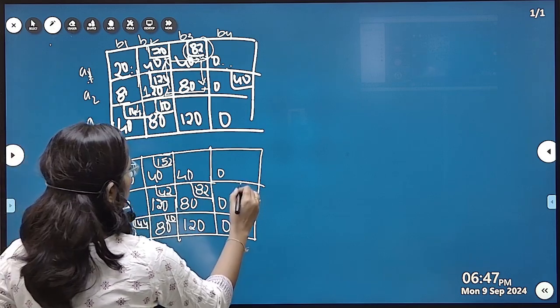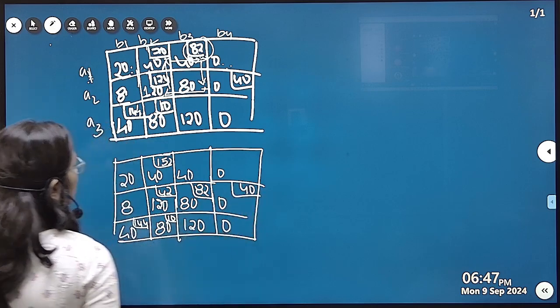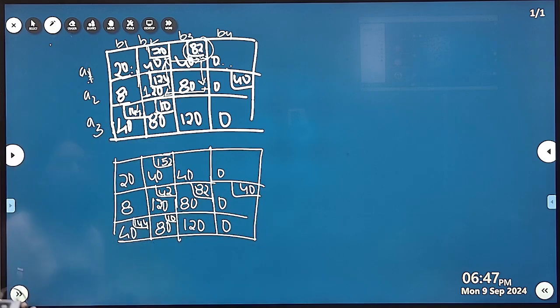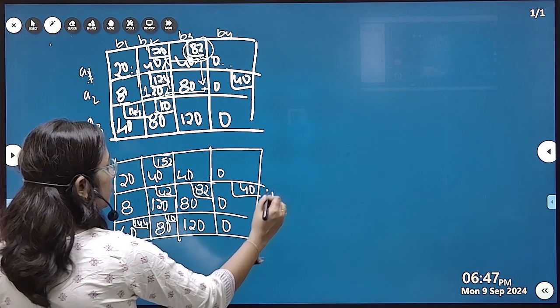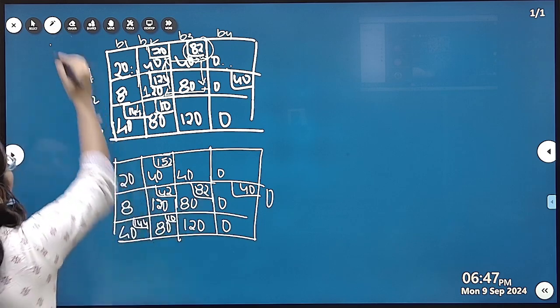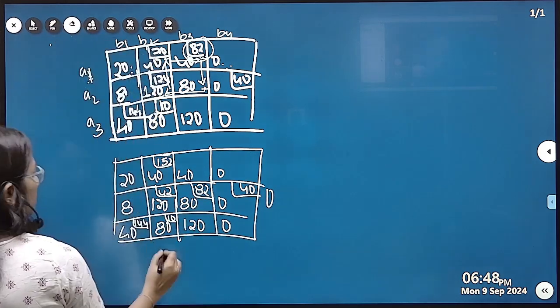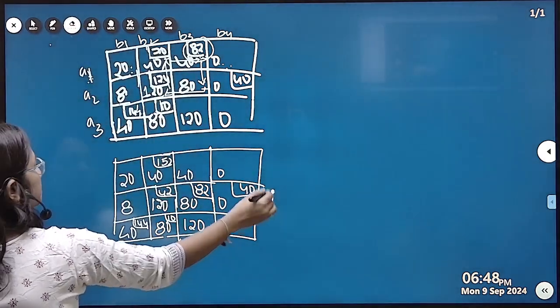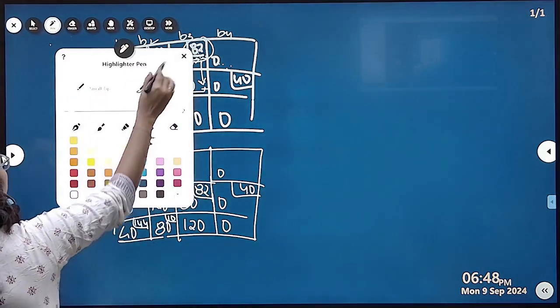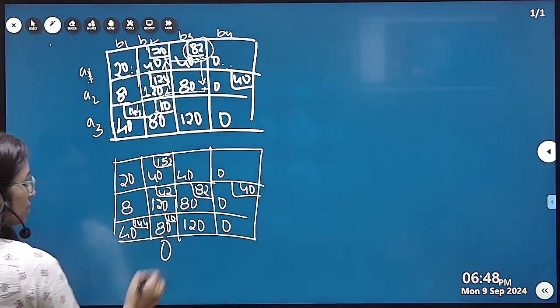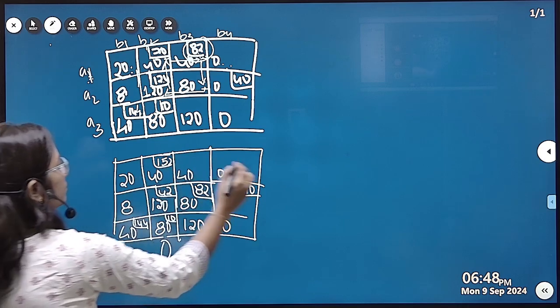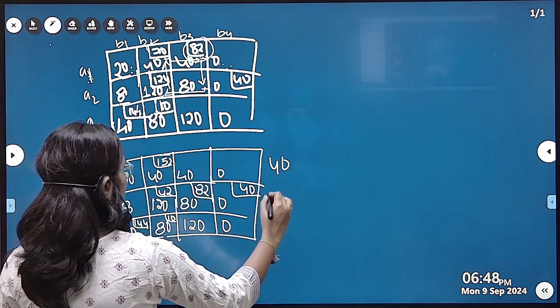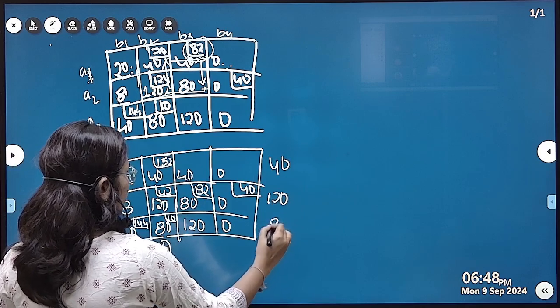We'll check once again whether our solution is now optimal or not. Okay, now the same process we need to make the 0. Make this as 0 because it has a higher number of cells. So we'll make the same as 0. So tell me 40, 120 and 80.